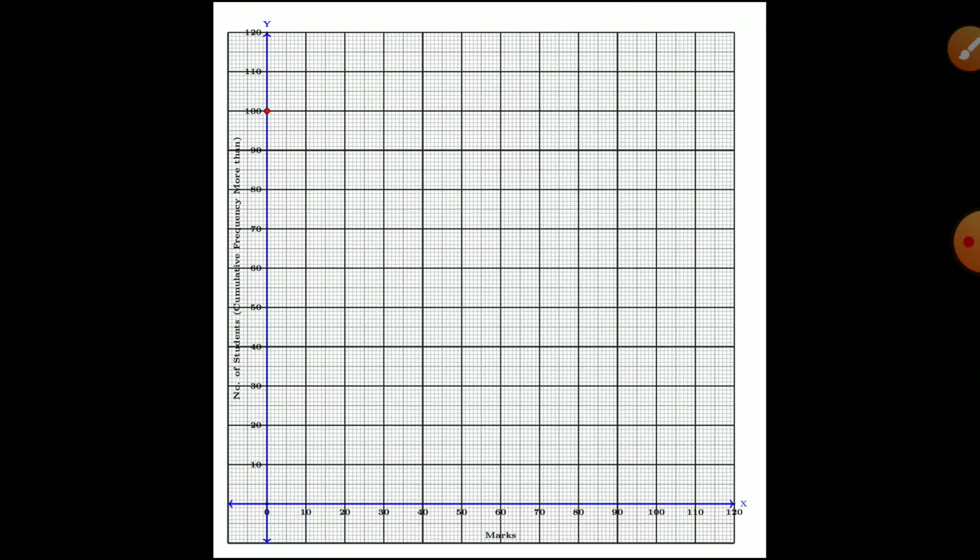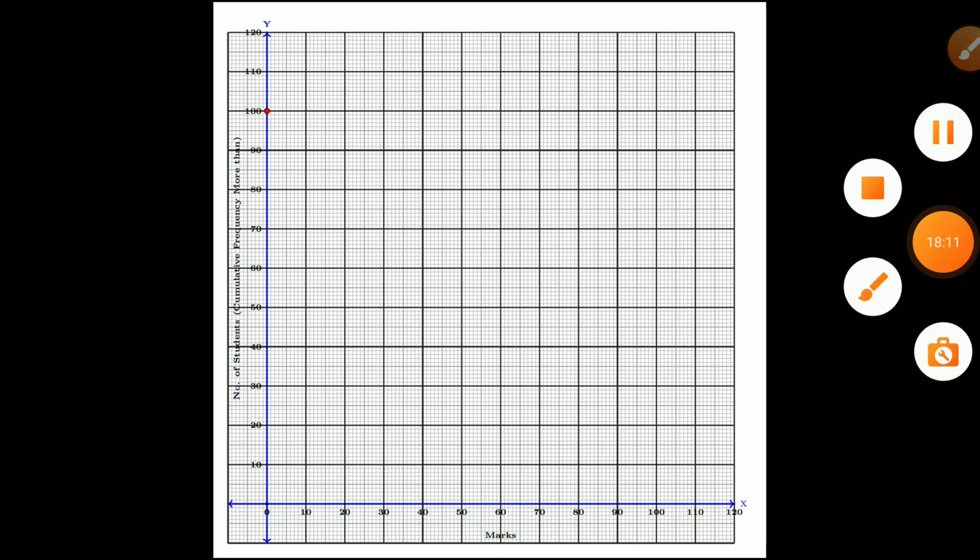Now we plot the next point. In the cumulative frequency table, from the second row, the marks are 10, and the corresponding cumulative frequency is 96. So 10, 96, we plot that point on the graph. Can you guess where 10, 96 will be?